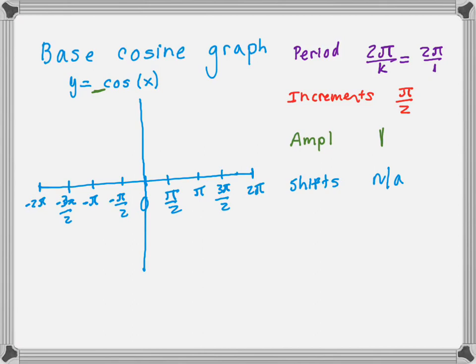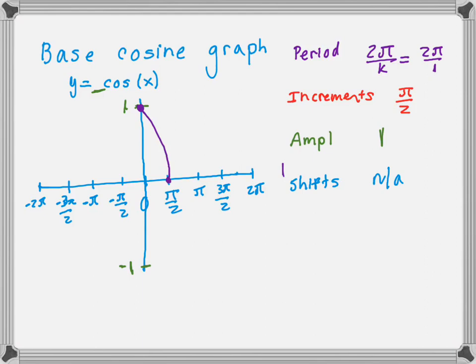Okay, so now the key points here are going to be a little different. So knowing our amplitude, we still have 1 and -1. But in the cosine graph, we're actually going to start out by starting up at 1. And like we see on the unit circle, at pi over 2, we're going to go down to 0.